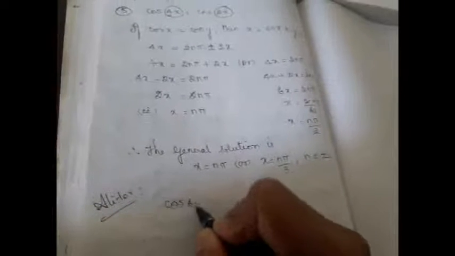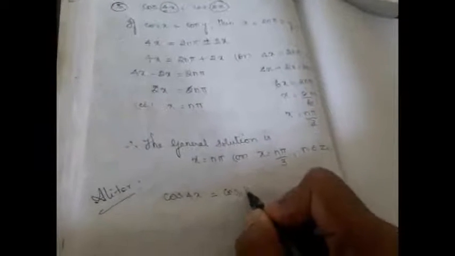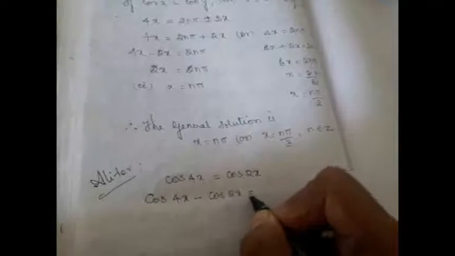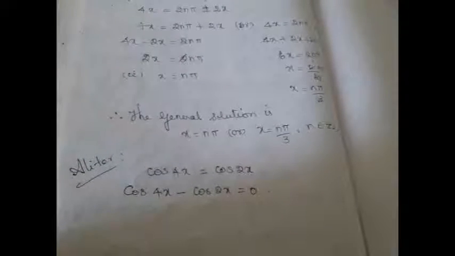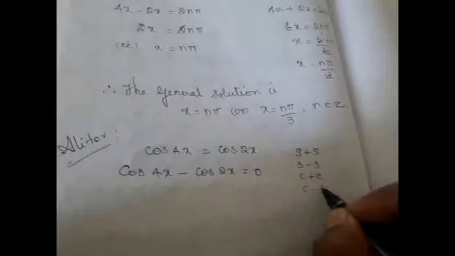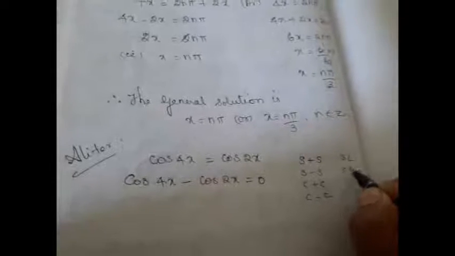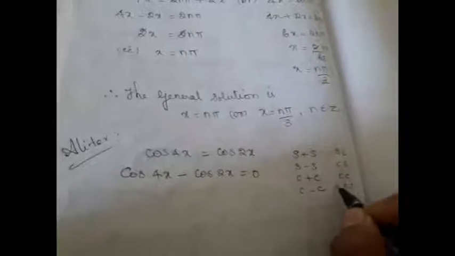Now cos 4x equal to cos 2x. Bring this cos 2x to the other side, it will become cos 4x minus cos 2x equal to 0. Now it is of the form C minus C. What is C minus C? S plus S, S minus S, C plus C, C minus C: SC, CS, CC, SS minus.